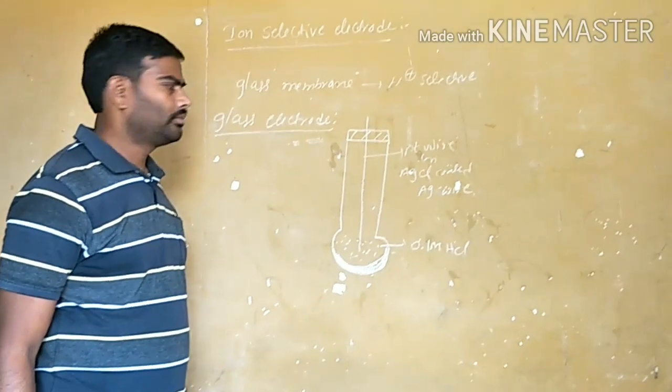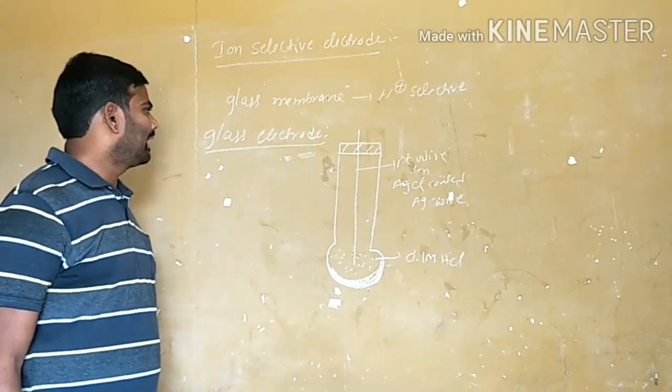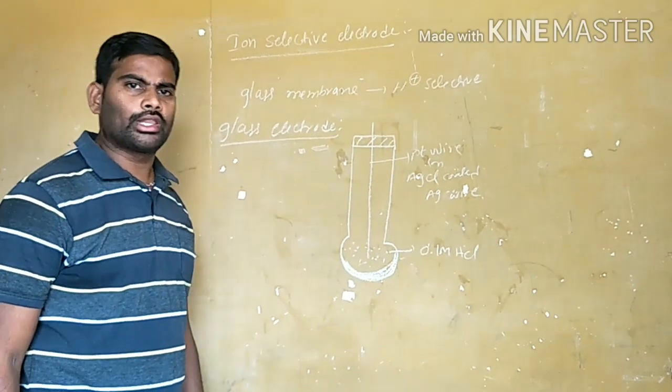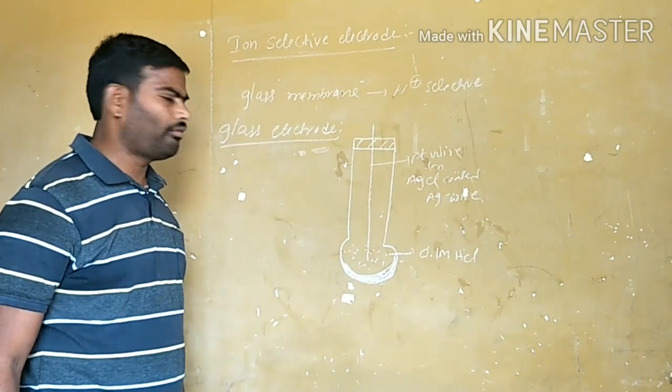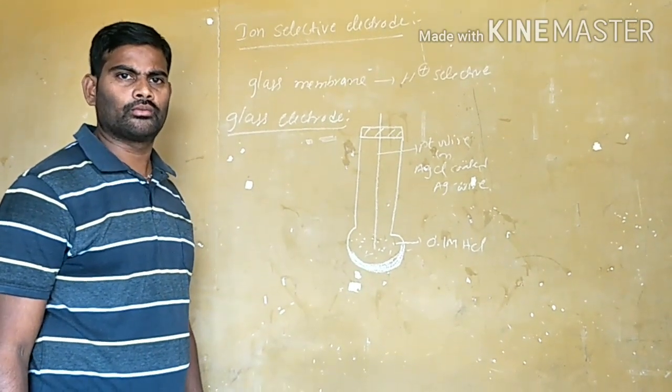This glass electrode is used for the measurement of pH of an unknown concentration solution.